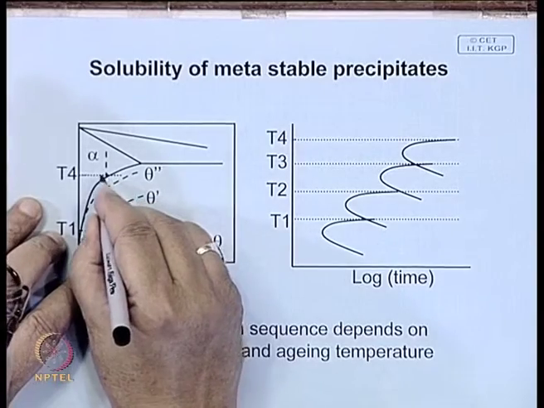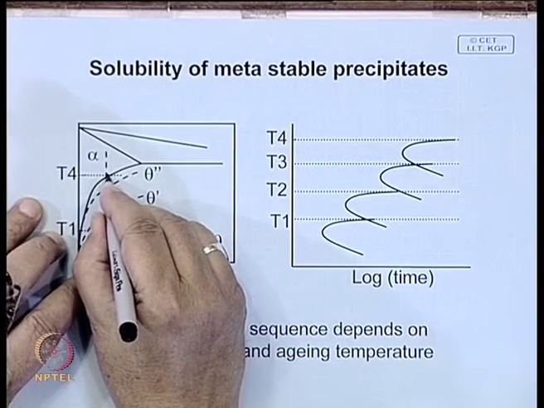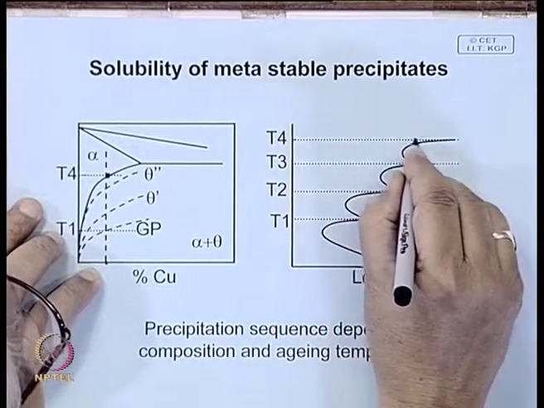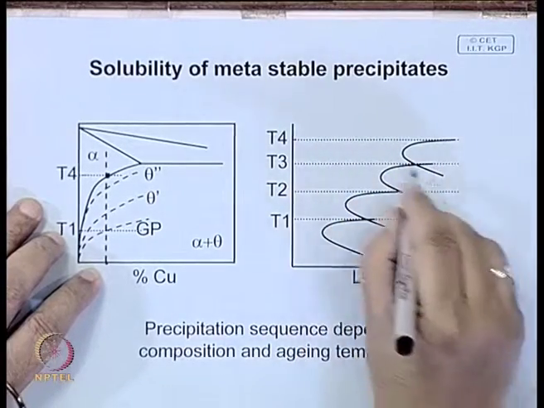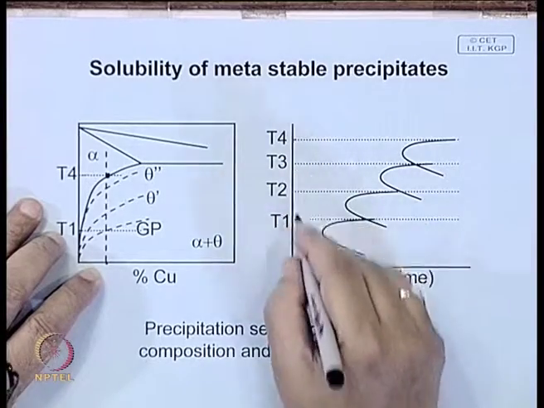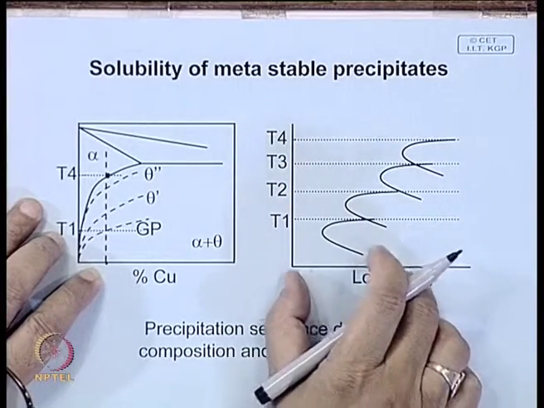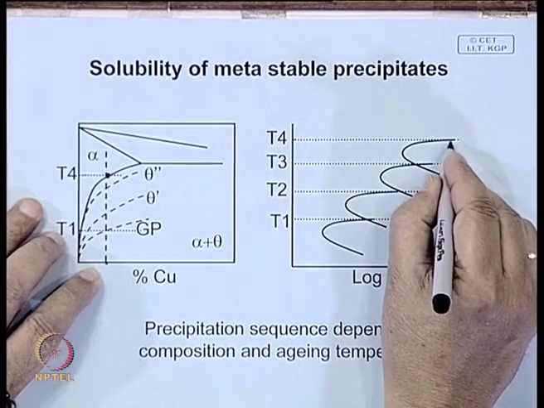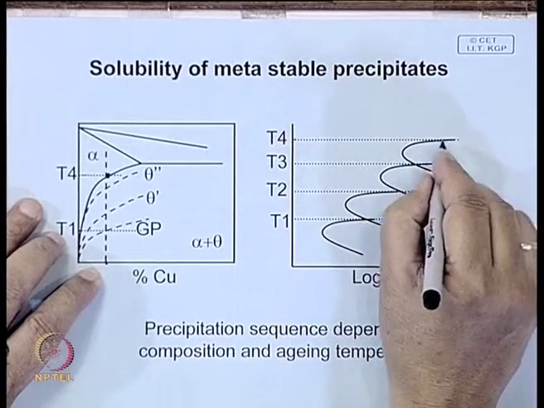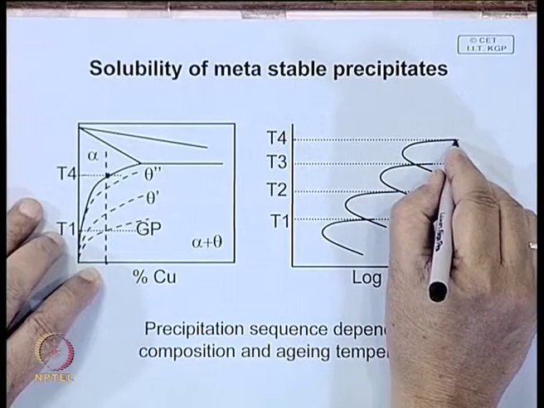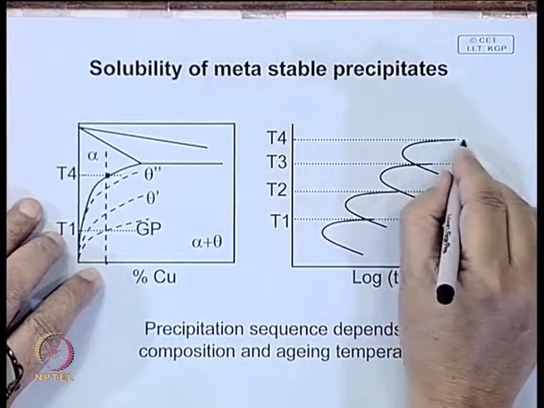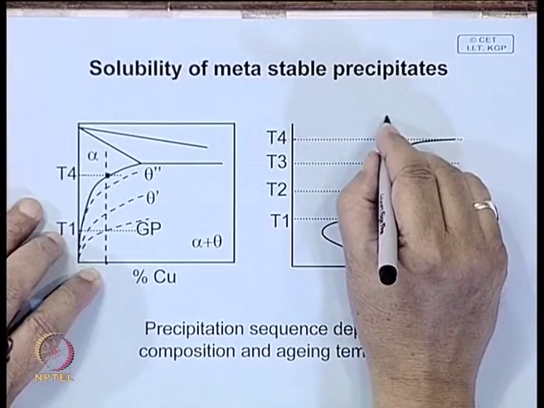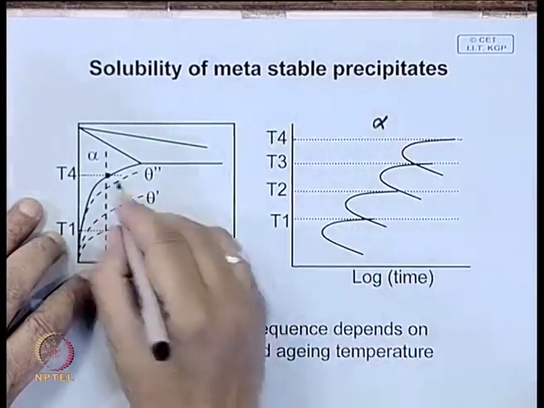T4 means here, and you can see this is lying on the solvus curve. So, even if you keep it for an infinite length of time, there will not be any precipitate. This axis is the temperature, and here we are plotting the time it takes for the precipitation to start. In this particular case there is no supercooling, so it will remain in the state of alpha.